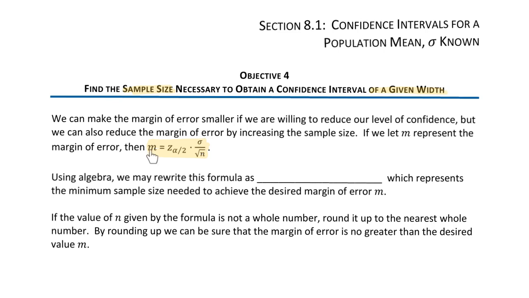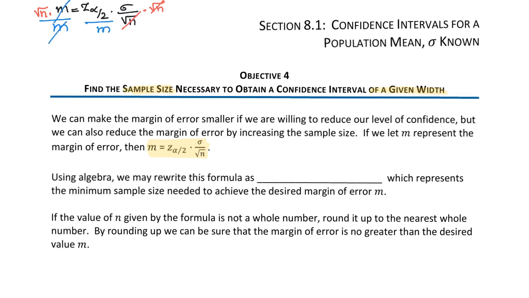So I'm going to solve this formula for n to find the sample size necessary to obtain a confidence interval of a given width. First multiply both sides by square root of n. So these two cancel. Then divide both sides by m. So these two cancel.